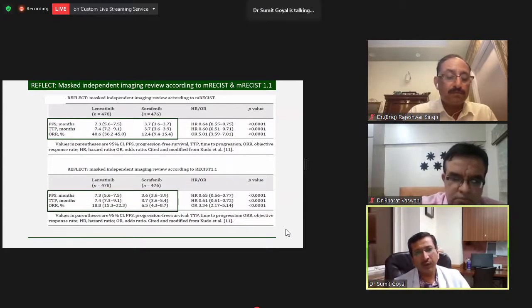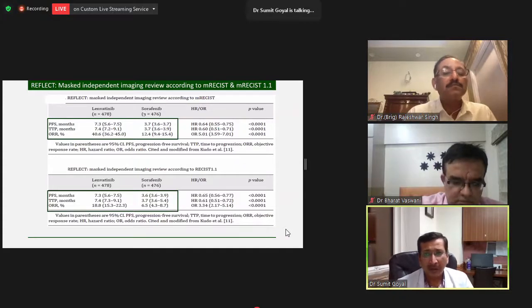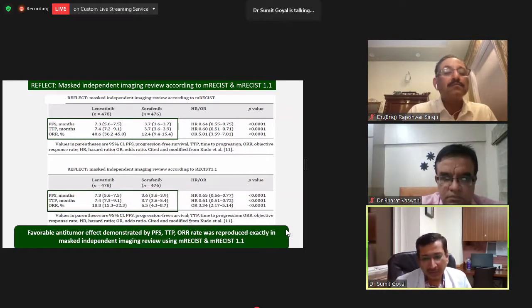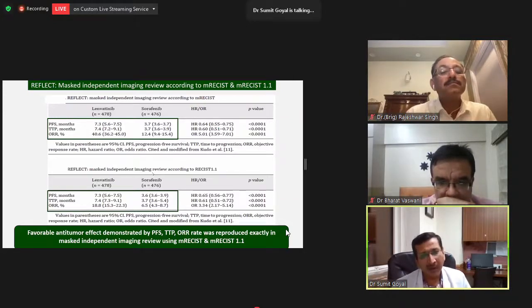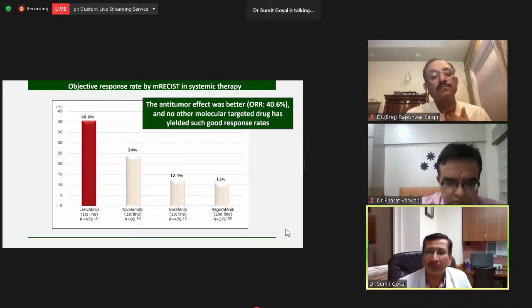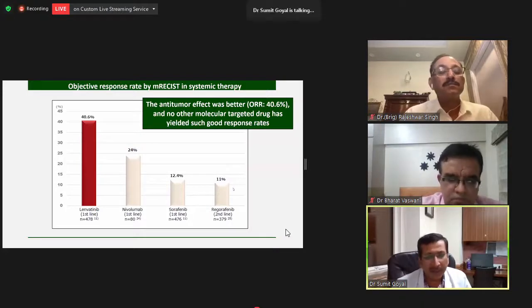Again, this was viewed on the basis of both RECIST and modified RECIST 1.1. Same thing again, the response rates were better as compared to the sorafenib arm, and this study showed, yes, it is effective with good response rates and non-inferior, and the objective response rate of 40.6% is quite great and not matched by any other agent at this point of time.